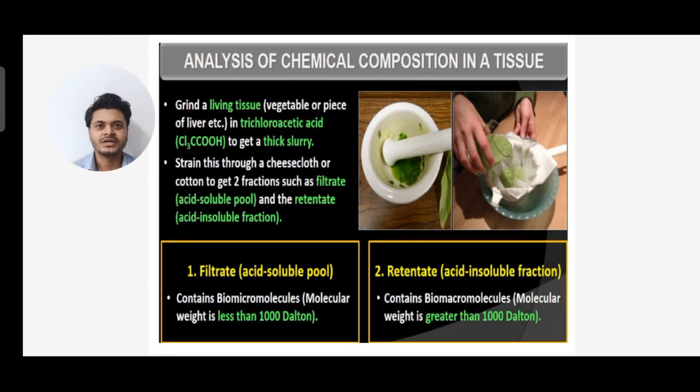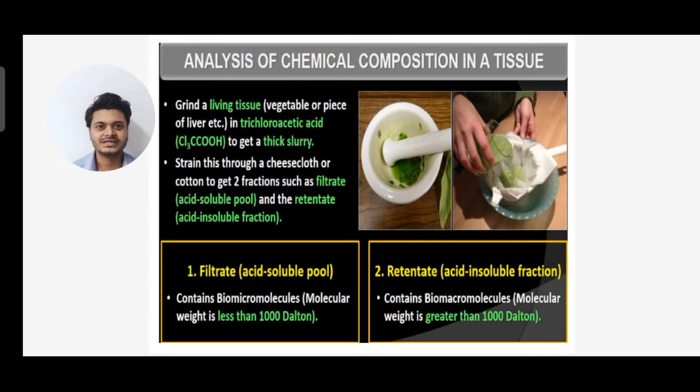All right. Now we'll strain this through a cheesecloth or cotton to get two fractions, the filtrate and the retentate. The filtrate is the acid soluble pool and the retentate is the acid insoluble fraction.